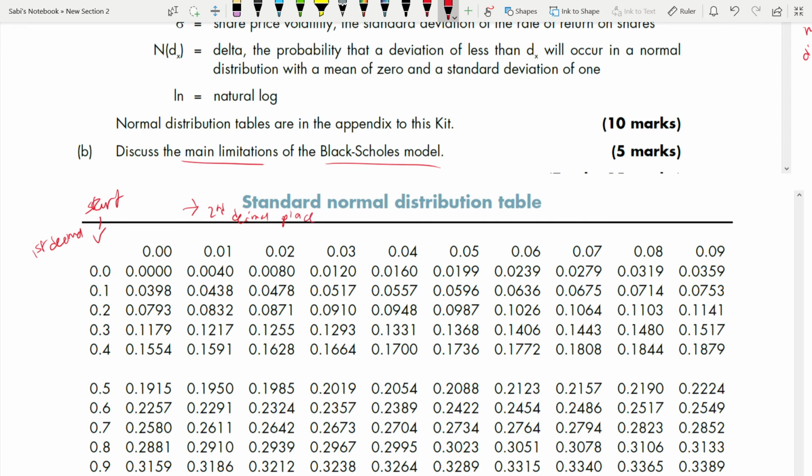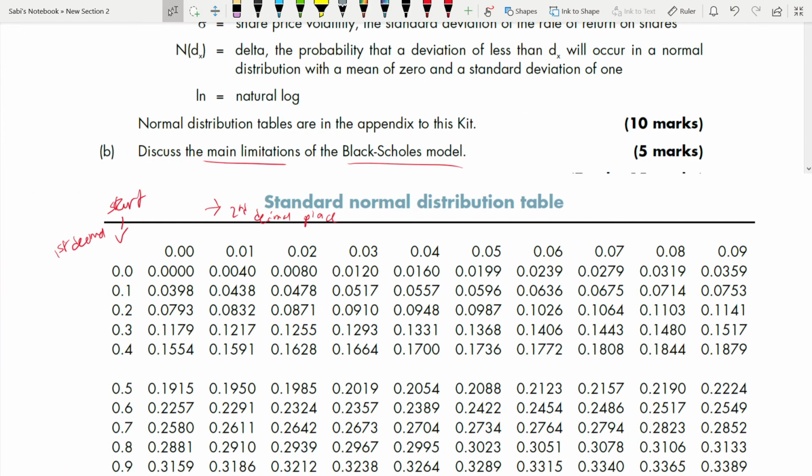Your first decimal place will start from here, and your second decimal place will start from here. The first one was 0.54, so look for 0.5, this one, and 0.004, it is this one, and this is your answer. And for 0.37, it is this one, and 0.07 is this one, and it is this one.